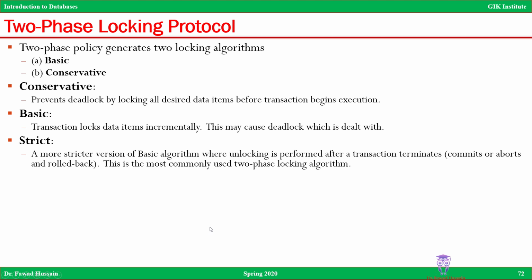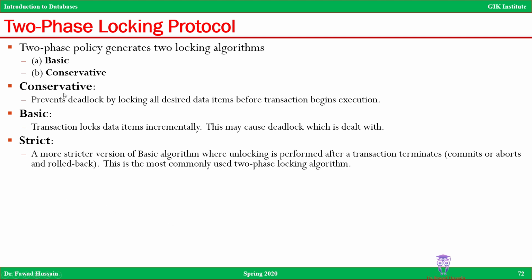So the two-phase locking protocol is further divided into two categories. Not even a category, it's like two possibilities of the two-phase locking protocol. One is the basic phase and the second is the conservative phase, and they differ in how strict they are in acquiring the locks.